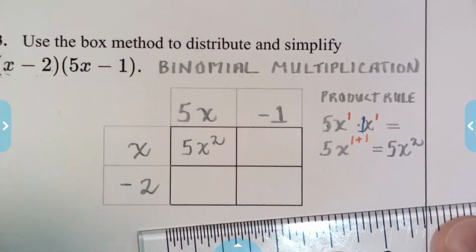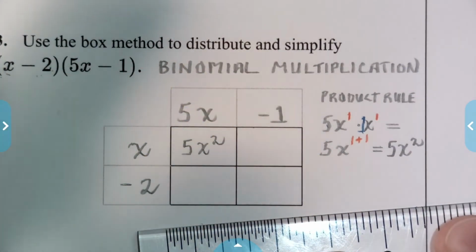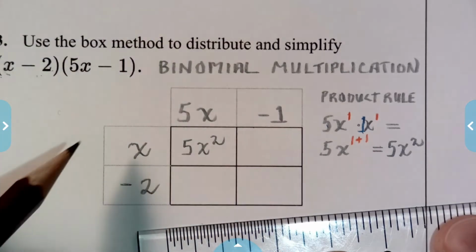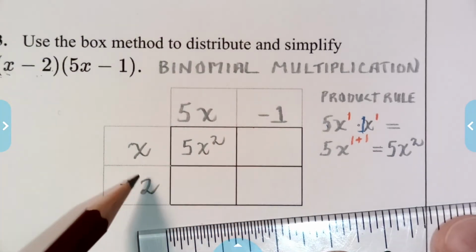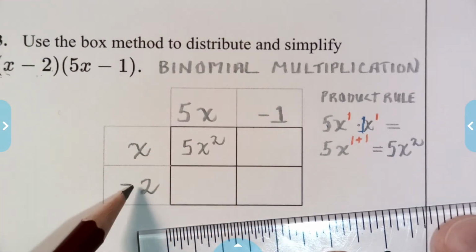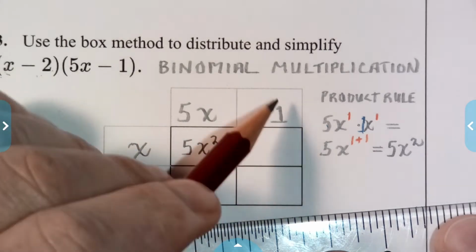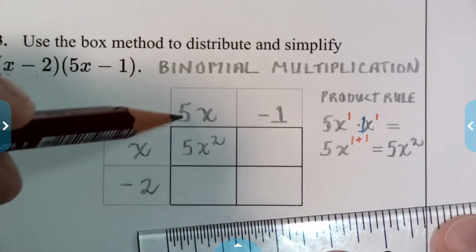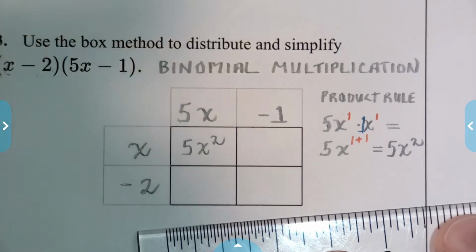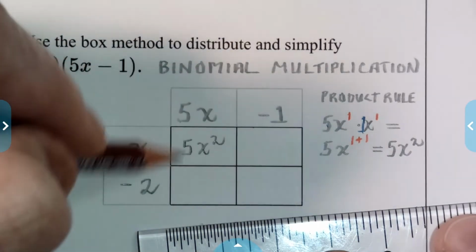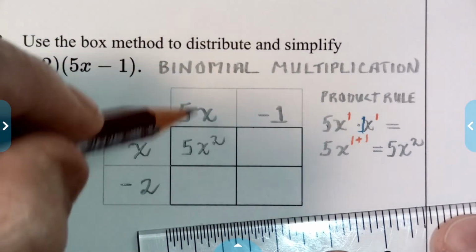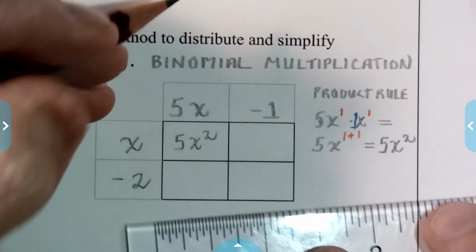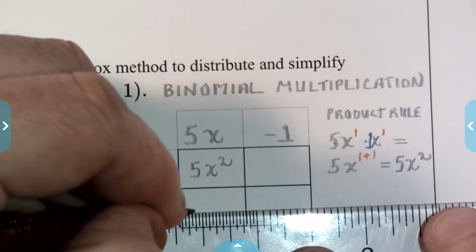And that's going to be the only quadratic term, okay? Because nowhere else are we going to multiply two x's together. And now you can fill the rest of this table out in any order you want, but the next term is the linear term, so we might as well fill that out. 5x times negative 2 gives me negative 10x.